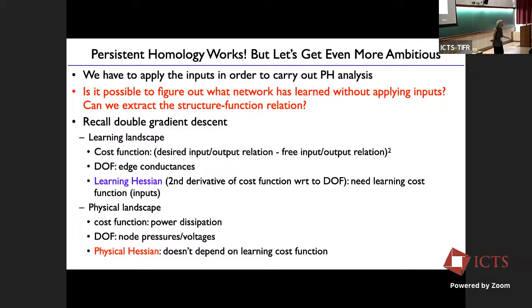So this is just the dynamical matrix, if you're used to solid state physics, right? This is just the dynamical matrix of the system. Can we look at that, look at the vibrational modes of the system once it's learned something and figure out what it's learned? Okay, and of course, because I'm telling you this, that means it worked.